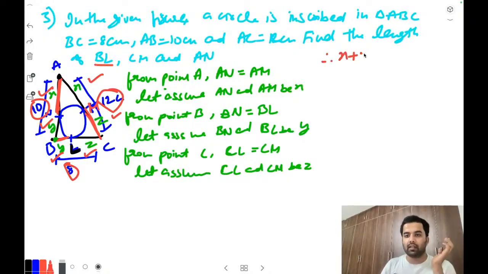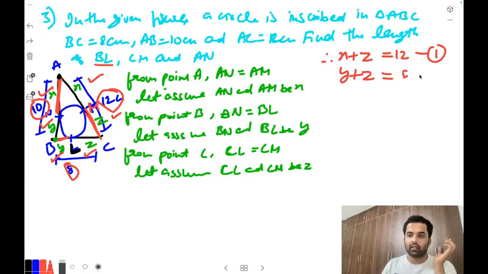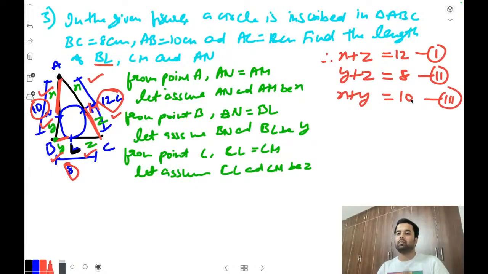Therefore, X plus Z will be 12, first equation. Second, Y plus Z becomes 8. Third, X plus Y equal to 10. I hope you can figure out the answers from this. This is your task.